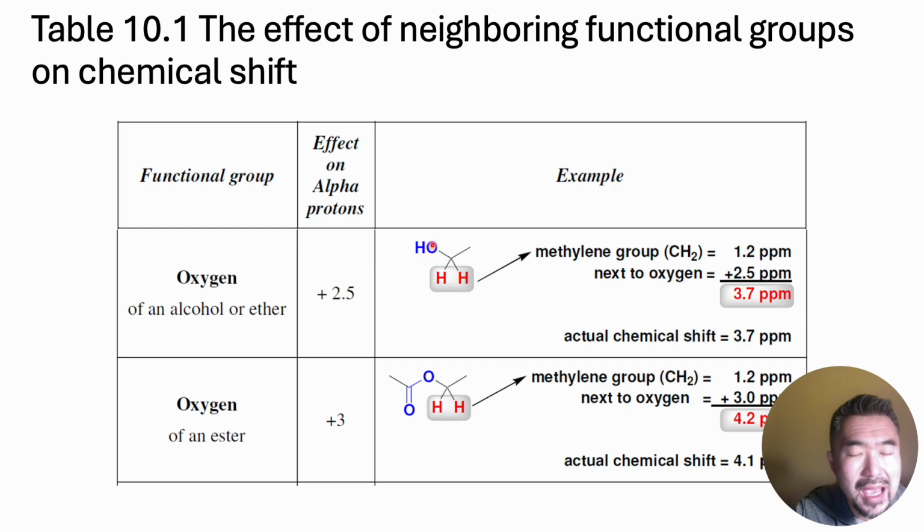If the methylene bears an alcohol, that is again an inductively electron withdrawing functional group, so it shifts the chemical shift by 2.5 due to that oxygen, so we would expect this to be around 3.7 ppm.